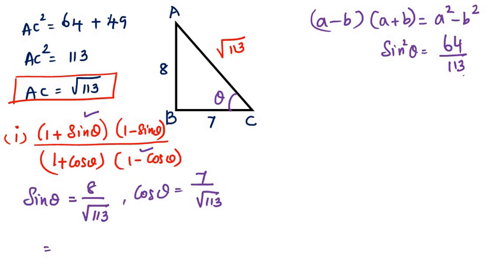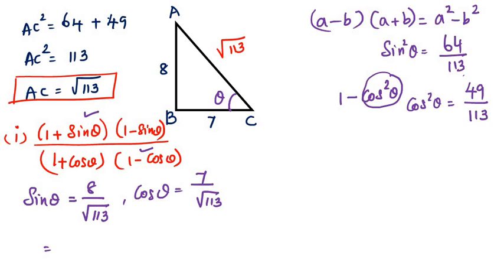We also have to find the value of the denominator. We have the same structure in the denominator also: A minus B into A plus B, so 1 minus cos square theta. So we need the value of cos square theta. Cos square theta is equal to 7 square, 49, and the denominator root of 113 square is 113.